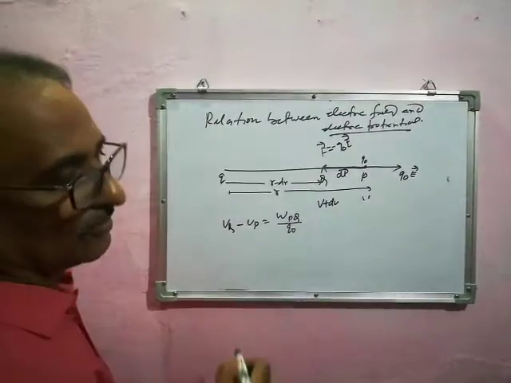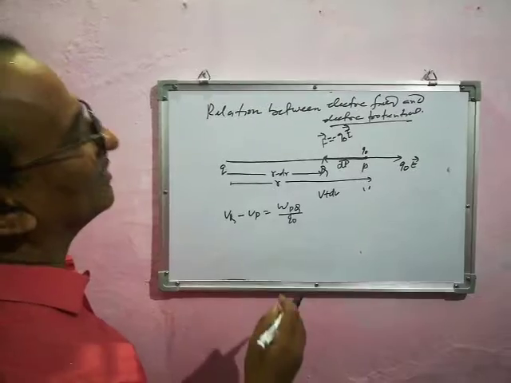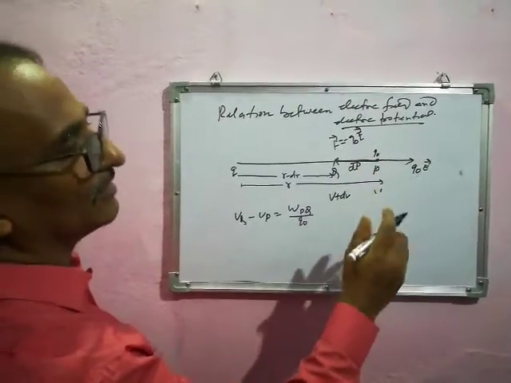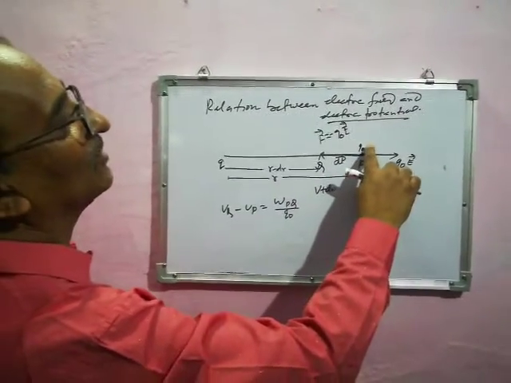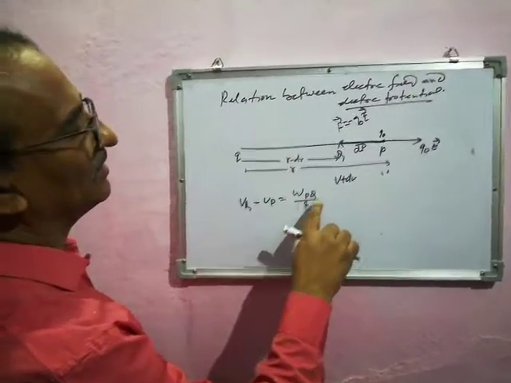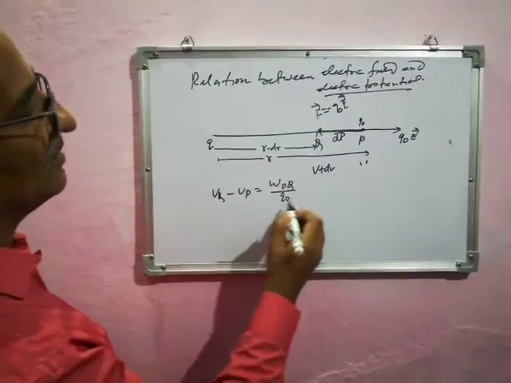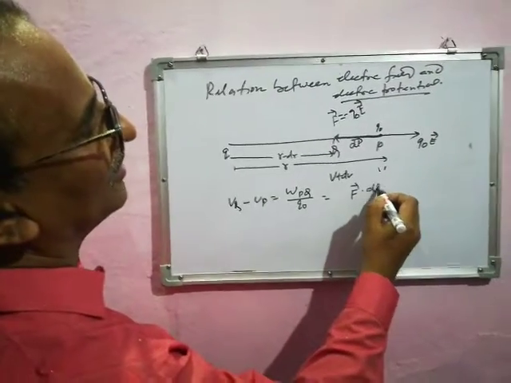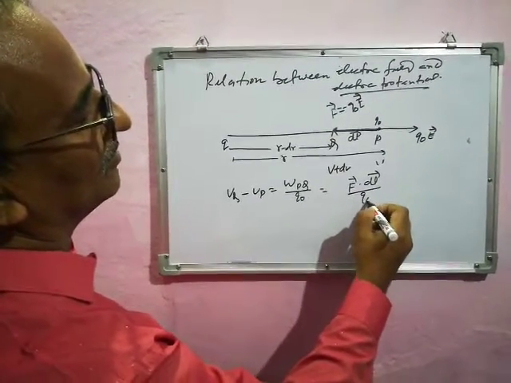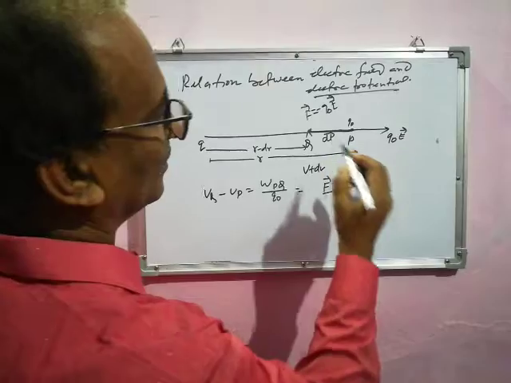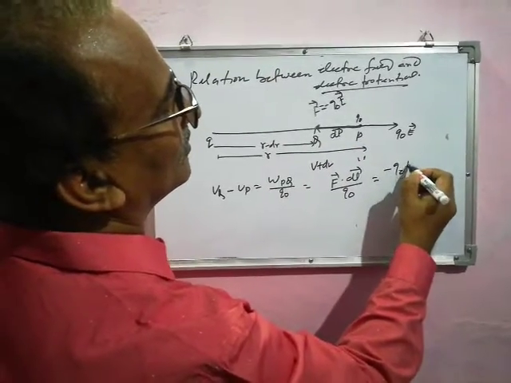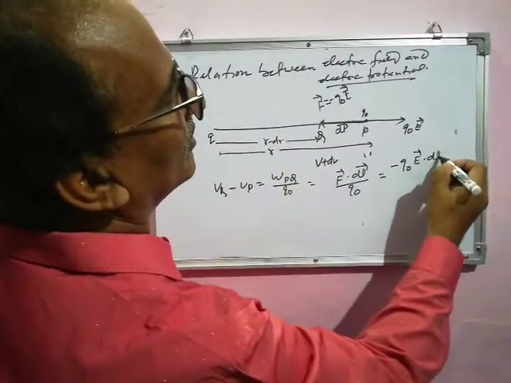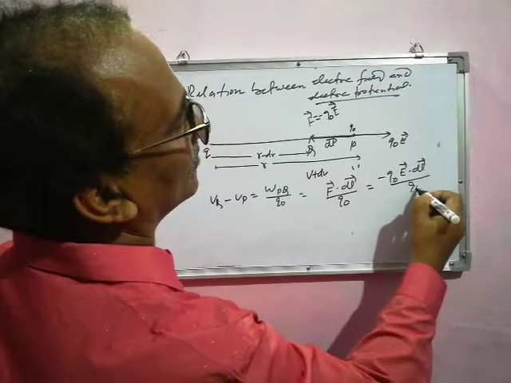from the definition of potential difference, Vq minus Vp will be equal to the work done from P to Q for unit positive charge. Here we are calculating the work done for the test charge Q0, so we have divided by Q0. It is equal to F dot dl by Q0, which is equal to minus Q0 E dot dl by Q0.